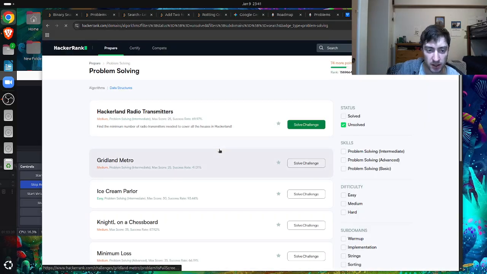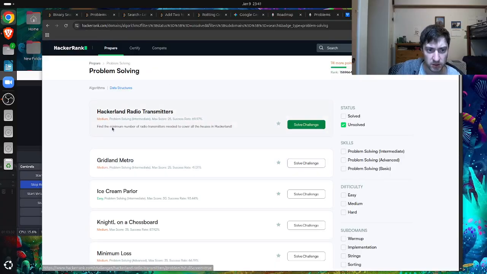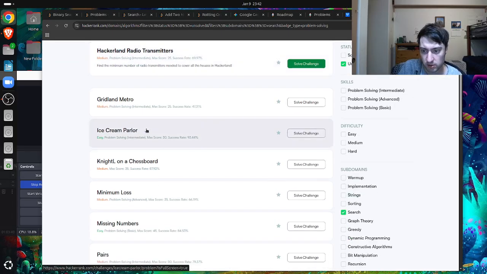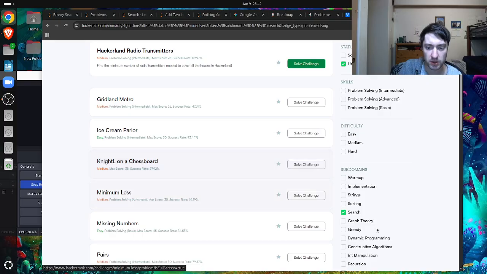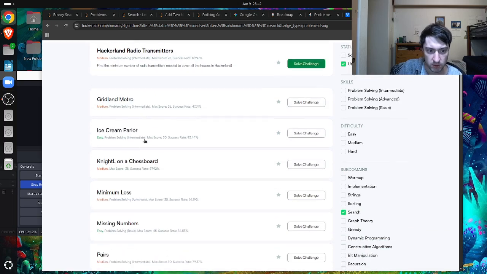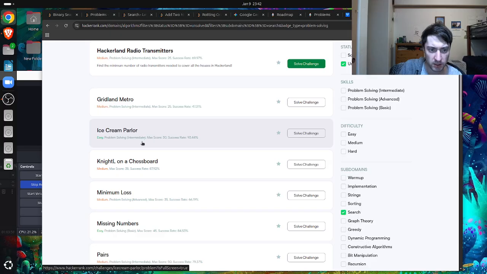Okay, so I have internet again. So this one is just problem solving, and now this says problem solving like data structures, and these ones are different questions. Oh, because now it's loading up search. Is that right? Are all of these search? Grid, land, metro, ice cream parlor.